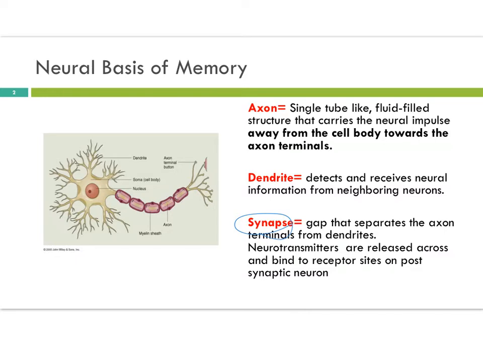It consists of the axon terminal of the presynaptic neuron, which you can see here. The second part is the synaptic gap, which is obviously between the pre and the postsynaptic neuron, and then we have the dendritic spines of the postsynaptic neuron. So all of the changes for learning and memory occur within the synapse.